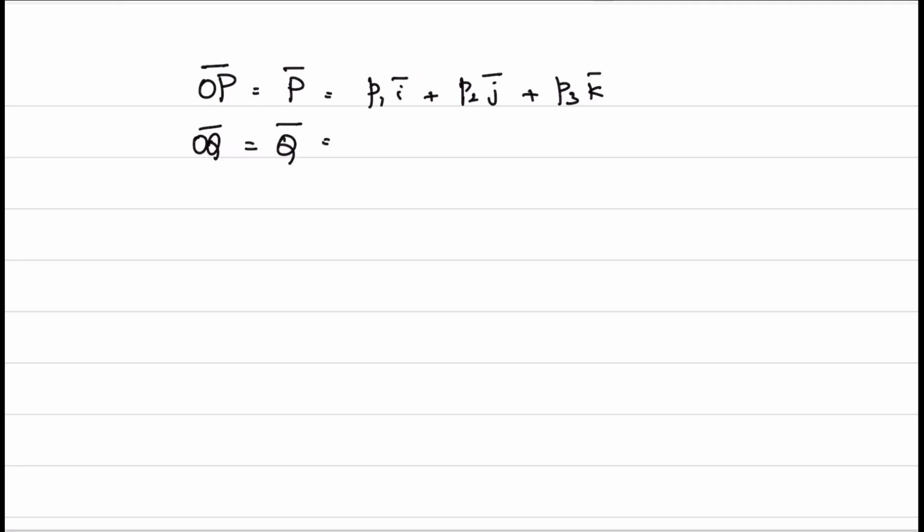Let us say the vector OP is equal to P1 I bar plus P2 J bar plus P3 K bar, where I is the unit vector in the x direction, J is the unit vector in the y direction, K is the unit vector in the z direction, and OQ is the vector Q, that is Q1 I bar plus Q2 J bar plus Q3 K bar.